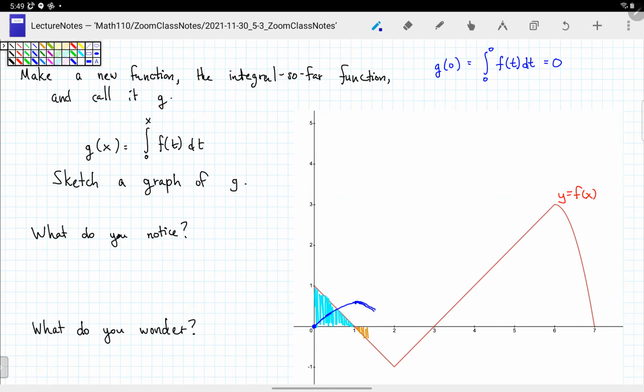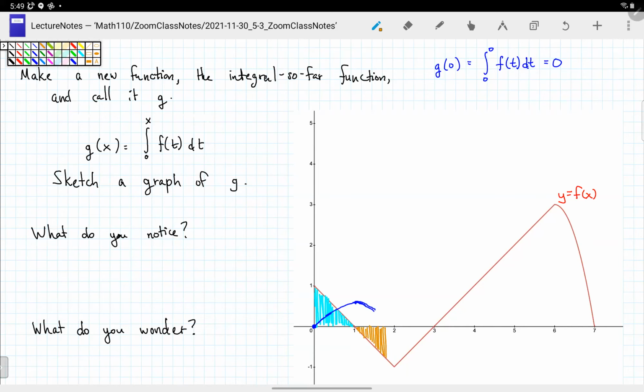As I continue on, I notice that I'm adding more negative area at a time as I go along, because the size of my function is getting bigger with respect to 0.